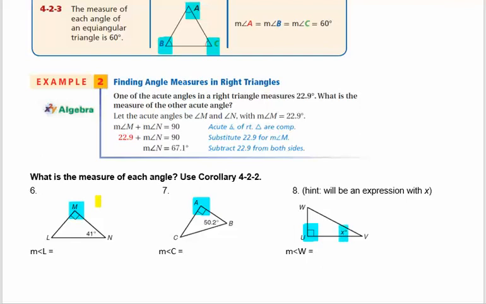Now in this one, they don't give us a number, they give us x. So your answer will also have an x in it. It's not going to be a number for an answer. It'll be like 90 minus x, or 90 plus x, or 90x, or x times 180. You figure it out, but it'll have an x in it. It won't just be a number.